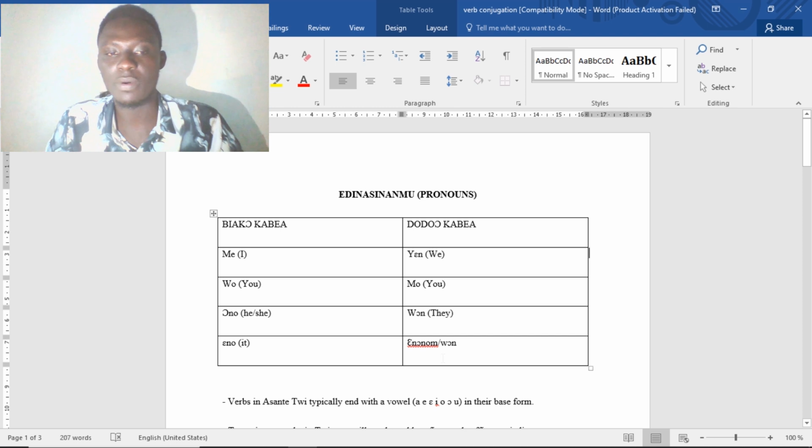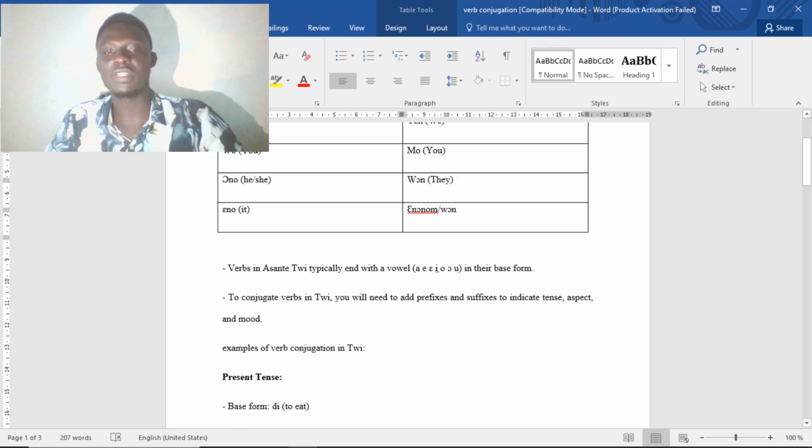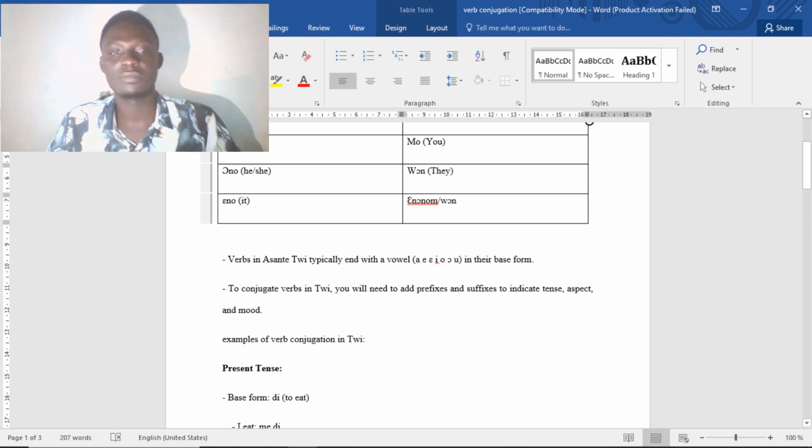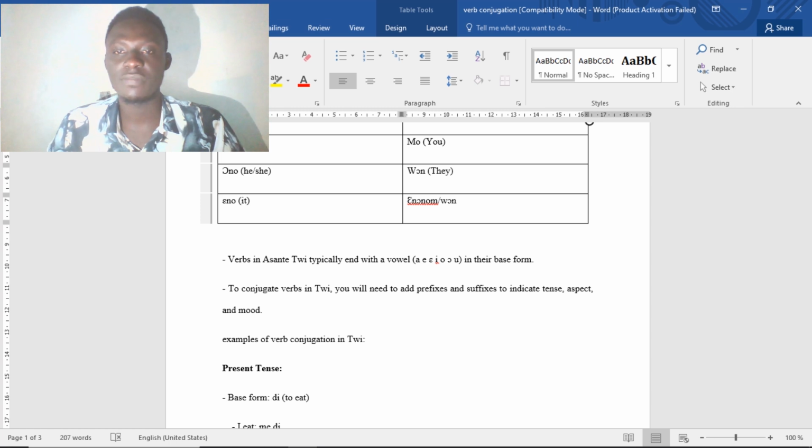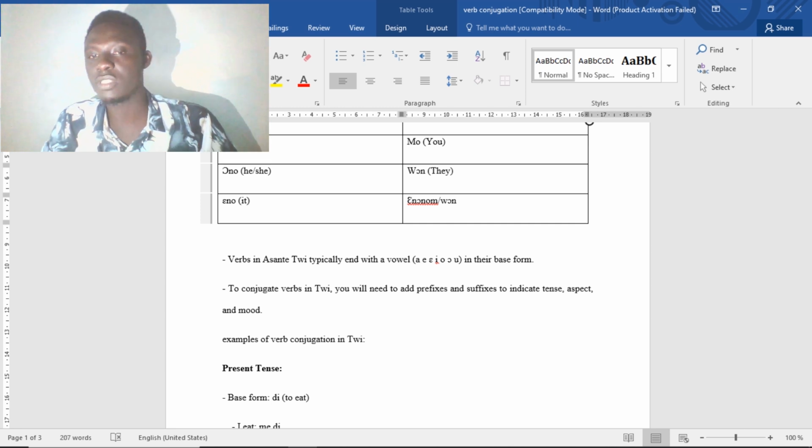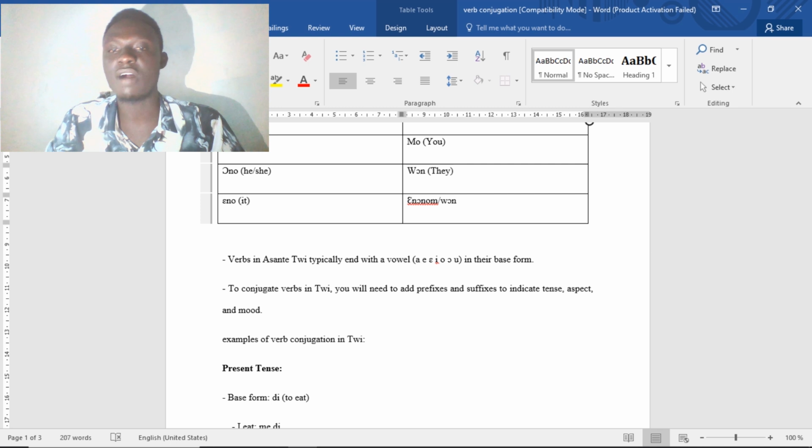So fast forward to our lesson for today. We're dealing with verbs. The verbs in Twi mostly end with vowels, and the vowels we saw in our previous lesson are a or ɛ, e, i, o or ɔ, and u.